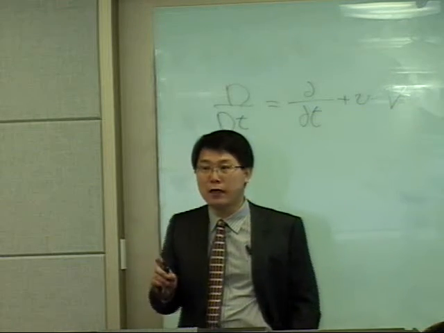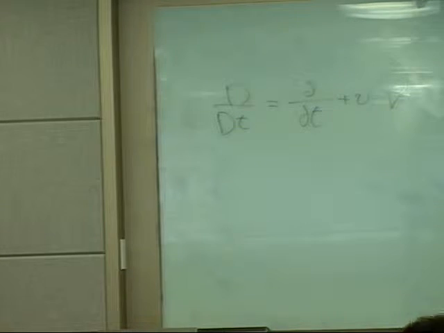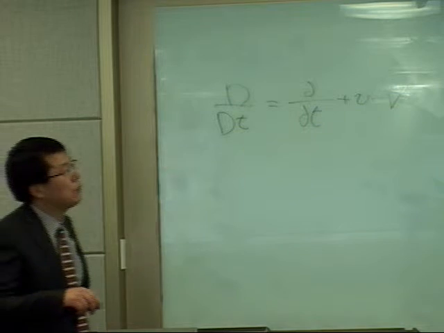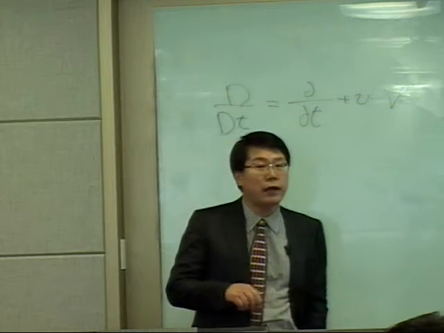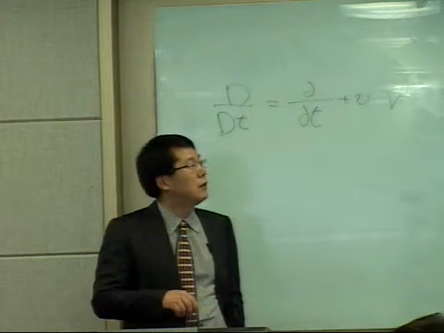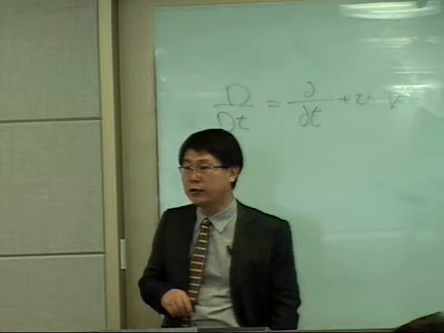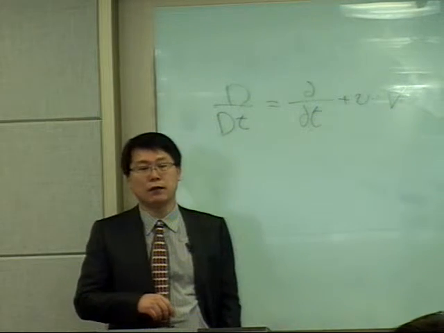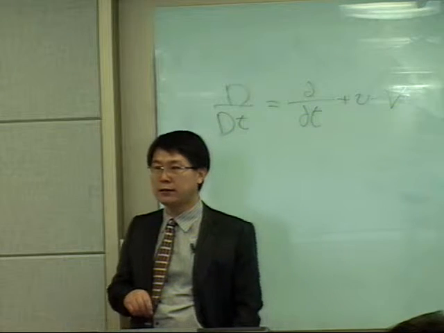We can generalize this to the three-dimensional case. So Q, the heat flux vector, is equal to minus K times the gradient of T, the temperature gradient. And K, the conductivity, can be a function of space.